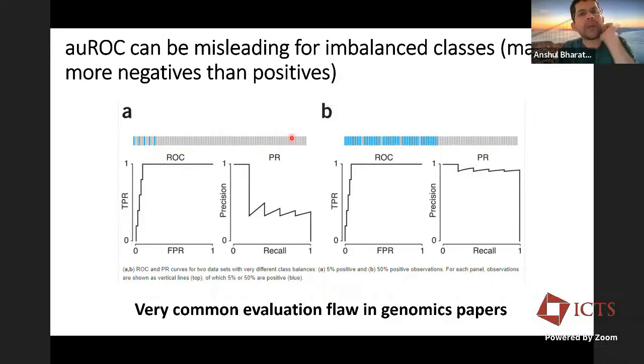So the AUROC can be quite misleading for imbalanced classes. And this is very important because if you go back to some of the examples I showed you, the genomic sequence examples, the data set is coming from an experiment, and the experiment is measuring where these proteins bind, right? So the positive labels were the positions where the protein binds, and the negative labels were all the other positions in the genome.